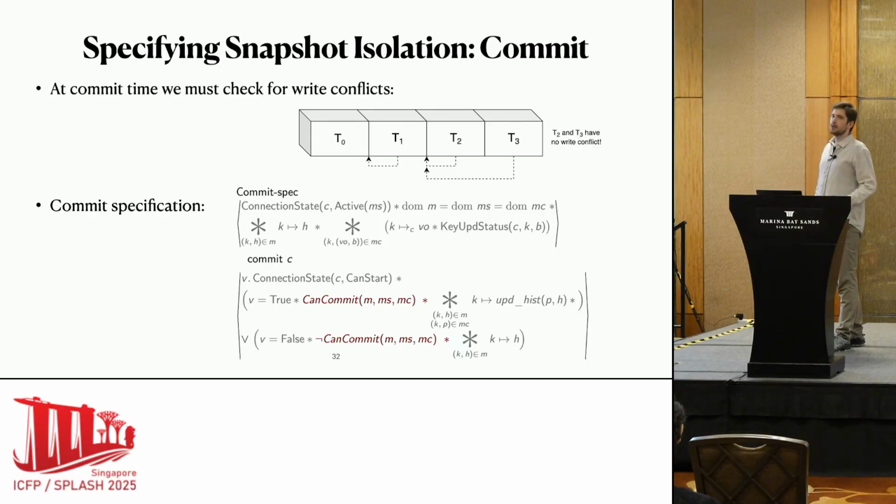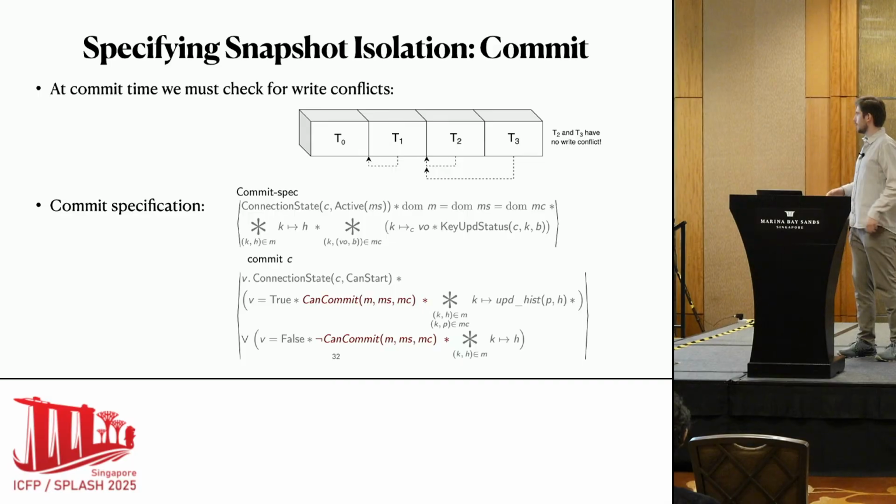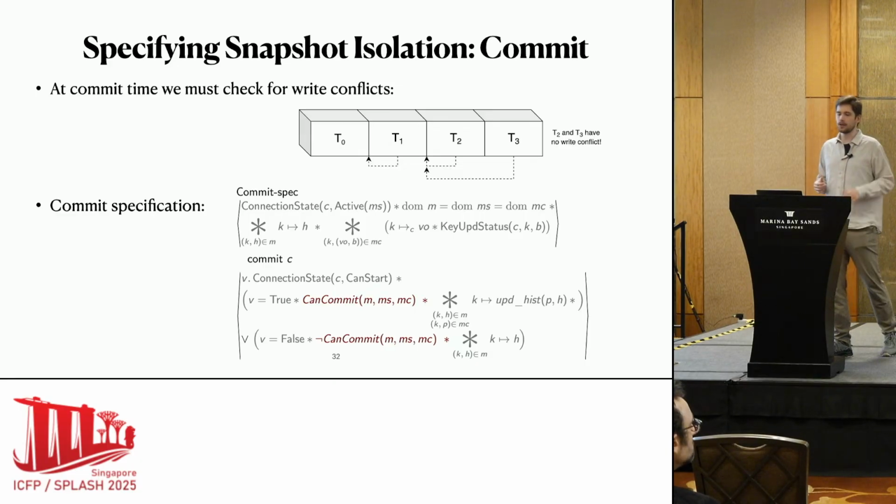This can-commit predicate could also have been named, is there a write conflict? So if you are successful in committing, then this can-commit predicate holds, meaning there is no conflict. And in the false case, it means it does not hold. There must be a write conflict with another transaction.